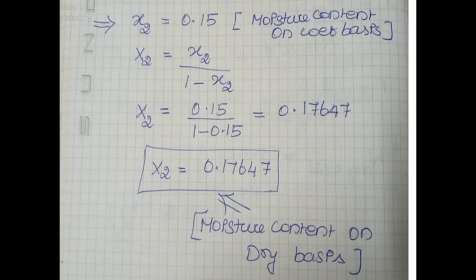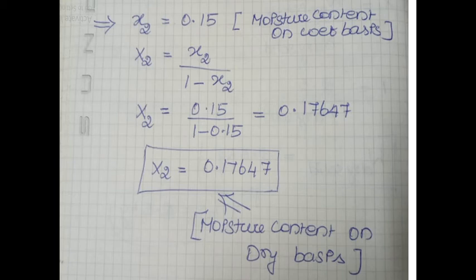Final moisture content small x2 value is also given. Small x2 is equal to 0.15, that is 15%. This is given data. So this is also moisture content on wet basis. So already I said in drying problems, if the data are given in wet basis, we have to convert them into dry basis. Small x is taken as wet basis, capital X is taken as dry basis. Are you clear or not? Okay.